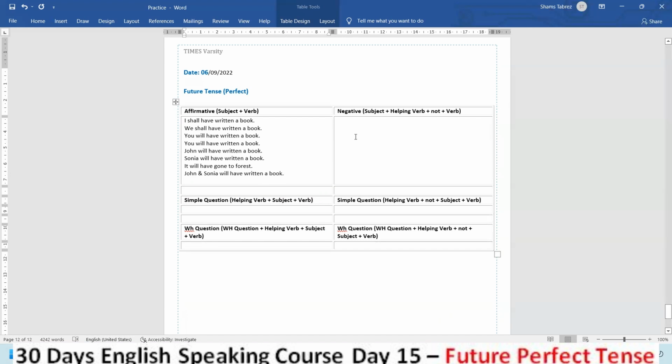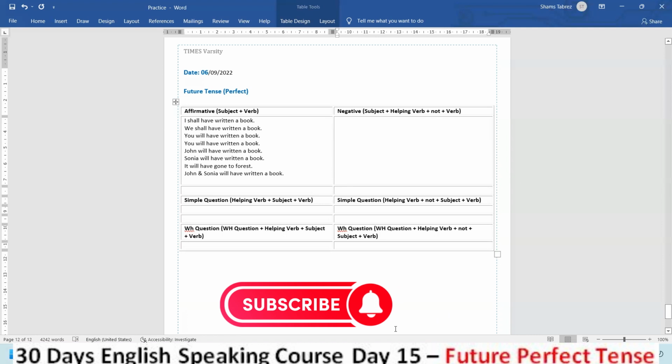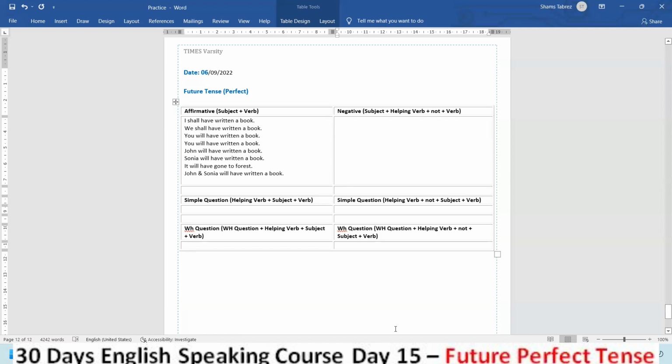Make a negative sentence. Anyone would like to make the same? If there are two helping verbs, then the word not is added between these two helping verbs to make the sentence negative. I shall not have written a book.